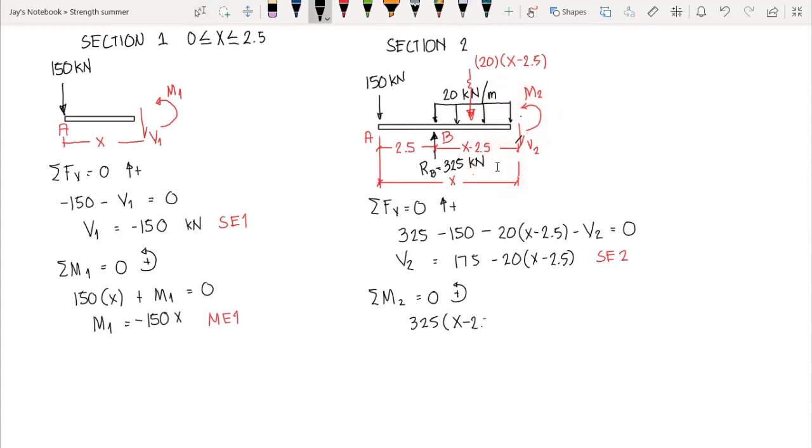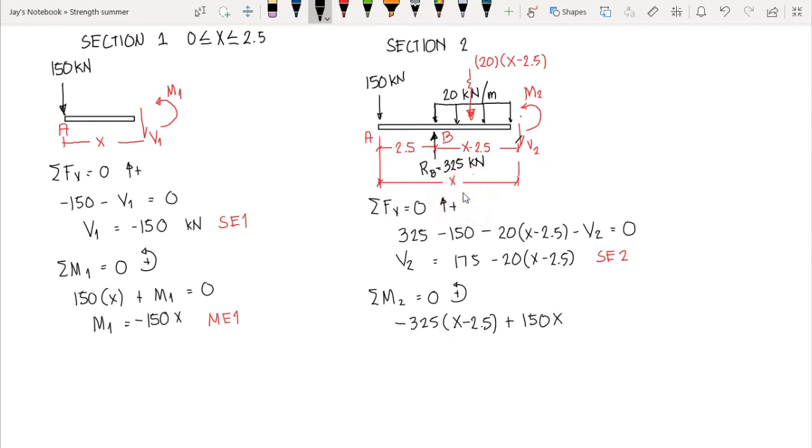That is the horizontal distance. And this is negative since it rotates clockwise. Now we have 150 kilonewton here that is rotating counterclockwise, so that is positive 150 times the moment arm from section 2, that is x, the distance from section 2.